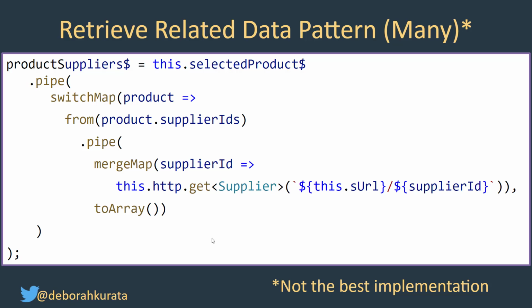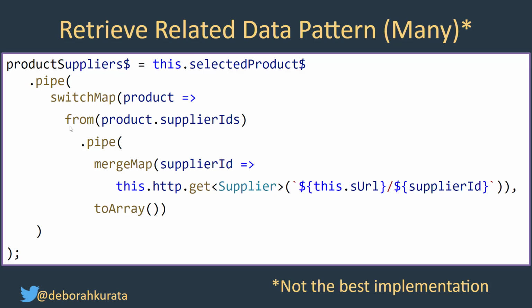So here I have productSuppliers$. That's my observable. That's going to be the array of product suppliers associated with a product. So here's that selected product. I'm going to pipe it through a switchMap just like I did before. But now instead of just using that ID, I'm going to use the array of IDs. So product.supplierIds is an array. I'm going to use from, because what from does is it creates an observable from an array.